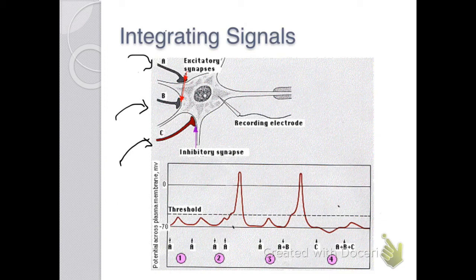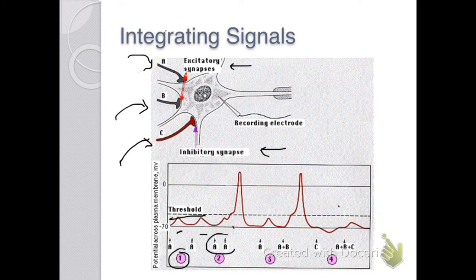So A and B are both excitatory synapses, so they're going to be bringing signals, while C is an inhibitory, so it's going to be decreasing the effective signals. So here we've got a signal from neuron A, but it's just a small signal, and it's actually not even reaching the threshold, and so it's not causing a full-on action potential to occur.